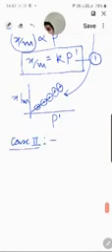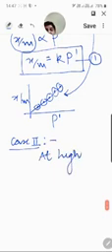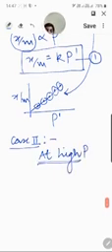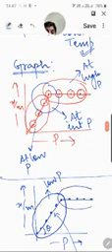Case 2. Case second is at high pressure. What happens at high pressure? At high pressure, a straight line which is parallel to P, that is the x-axis, appears.